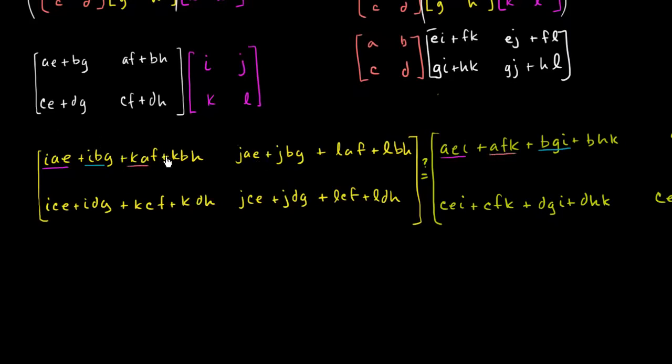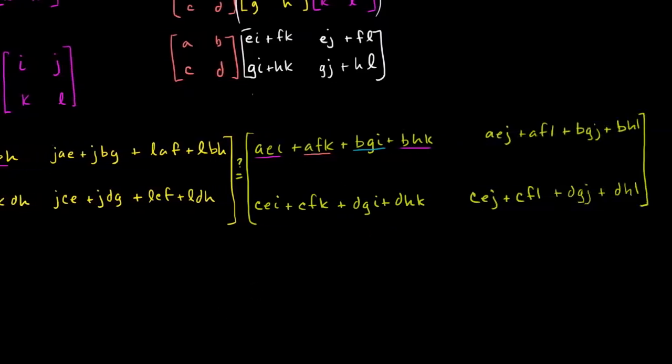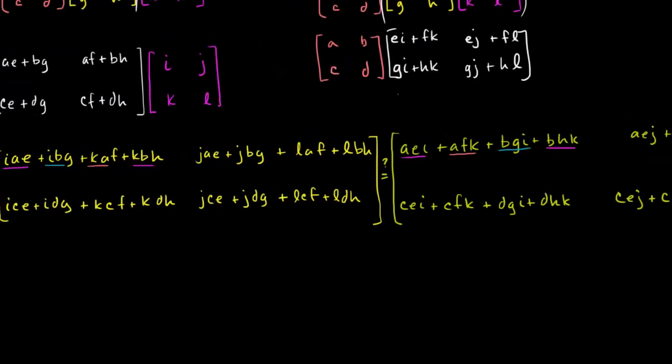And then KBH, this is the same thing as BHK. And you could go entry by entry. Actually, let's just do that really fast. So ICE is the same thing as CEI. IDG is the same thing as DGI. KCF is the same thing as CFK. KDH is the same thing as DHK.